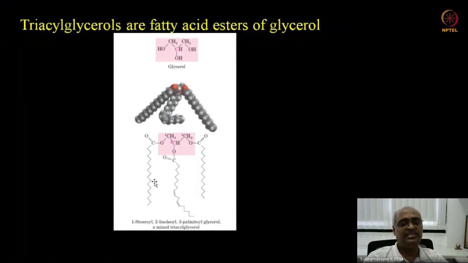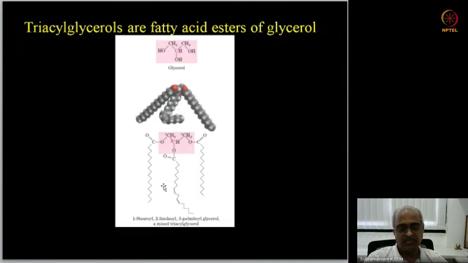So as you can see here, there are no oxygens or any polar thing. So these are completely reduced, and therefore when you oxidize them, there is potential for a lot of oxidation and therefore a lot of energy liberation. So these are very compact storage of energy.